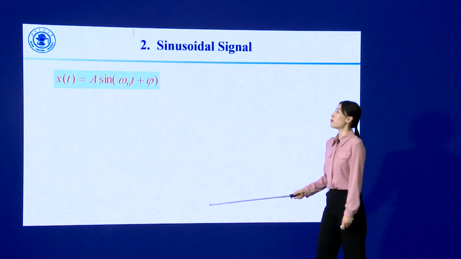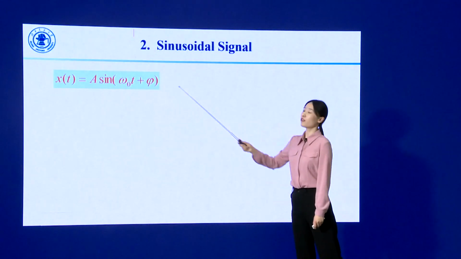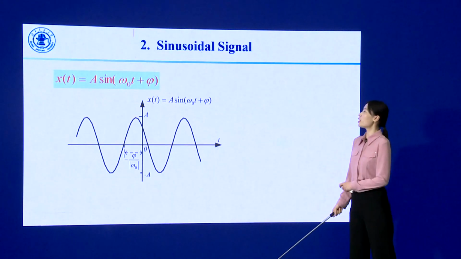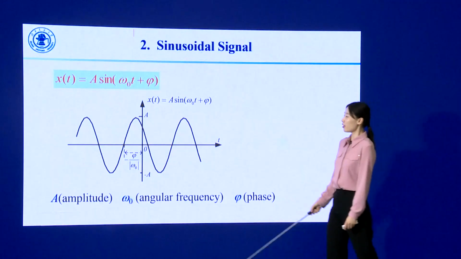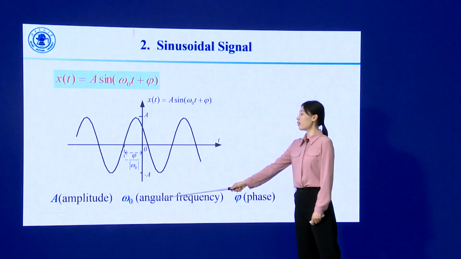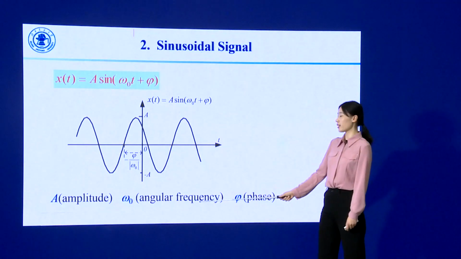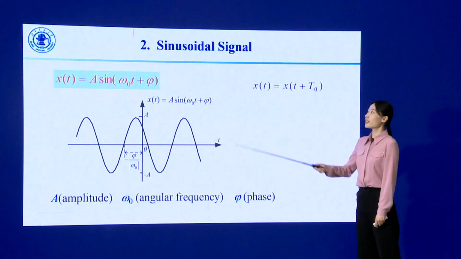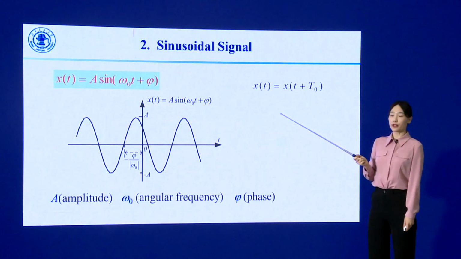The sine signal can be expressed using this formula. Here is a waveform. For the sine signal, A represents the amplitude, omega sub 0 is the angular frequency, and phi is the phase. The sine signal is a periodic signal.